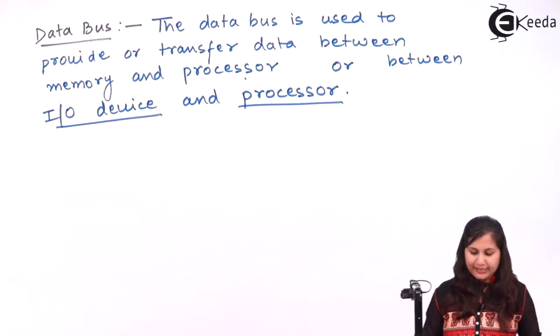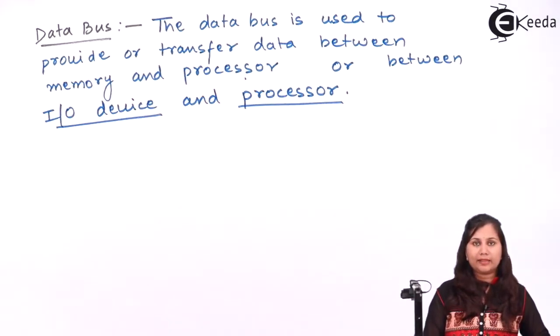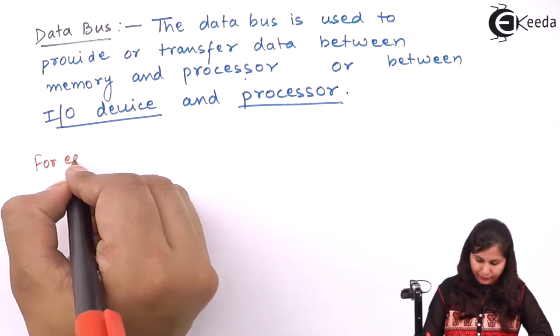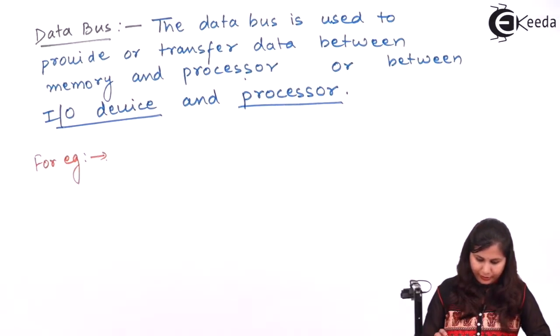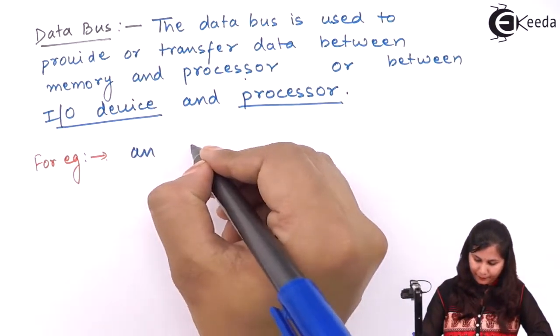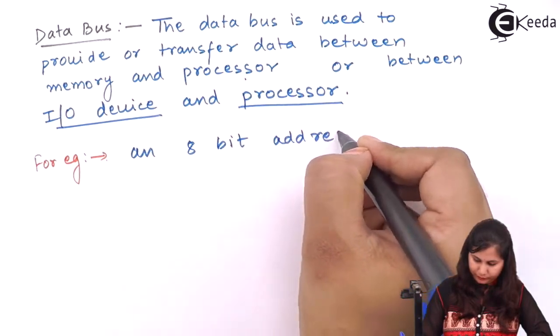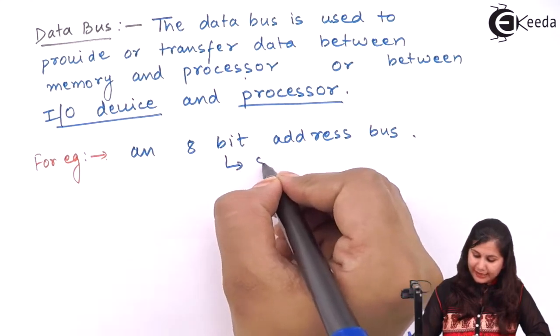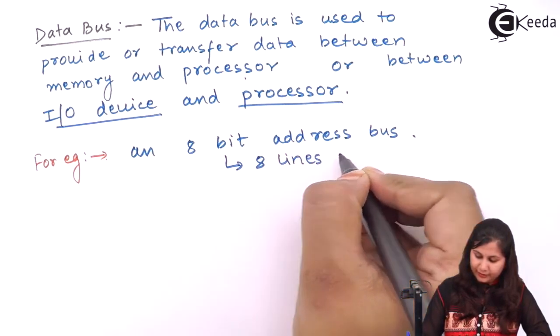Let's take an example so that you can understand what the address bus and the data bus are doing. For example, we have an 8-bit address bus. An 8-bit address bus means it has 8 lines to carry the address.